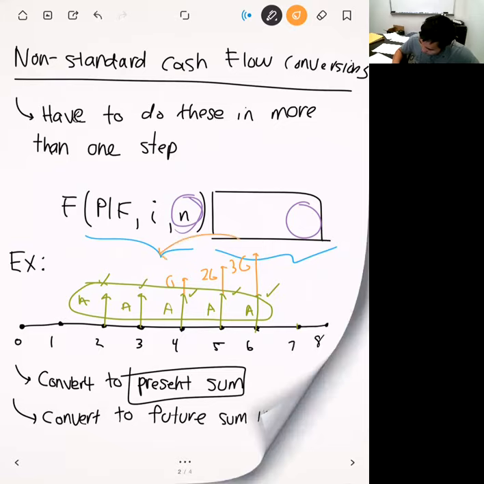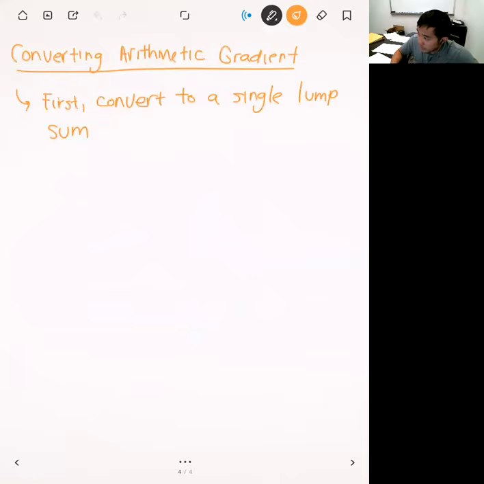And since we're going to the left, the conversion factor that we want is P over G. In fact, if I open up the compound interest tables, I think there's not even an F over G. So I think the only option if you want to convert a gradient to a single sum is to go with P over G. And so the conversion that we want is G, P over G, I.